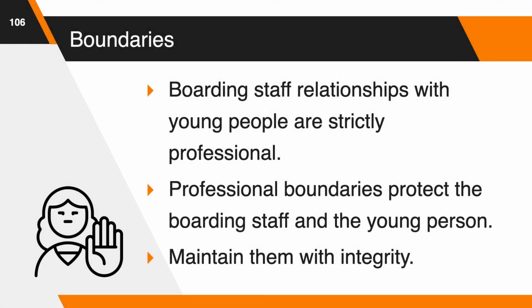As we come to the end of this video, I want to talk about boundaries. As we've talked before, boundaries are just so important. It's so important to get this right. Boarding staff relationships with young people are strictly professional. Professional boundaries protect the boarding staff and they protect the young person, and we must maintain these with integrity.